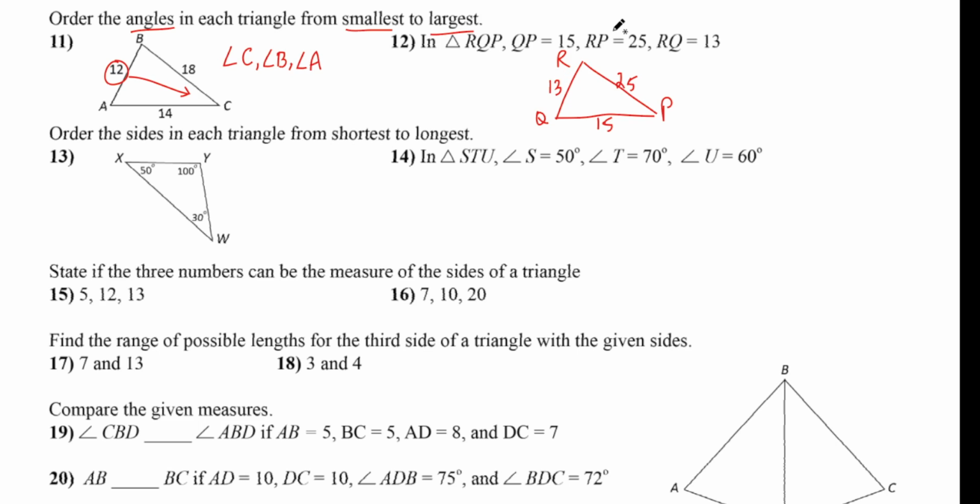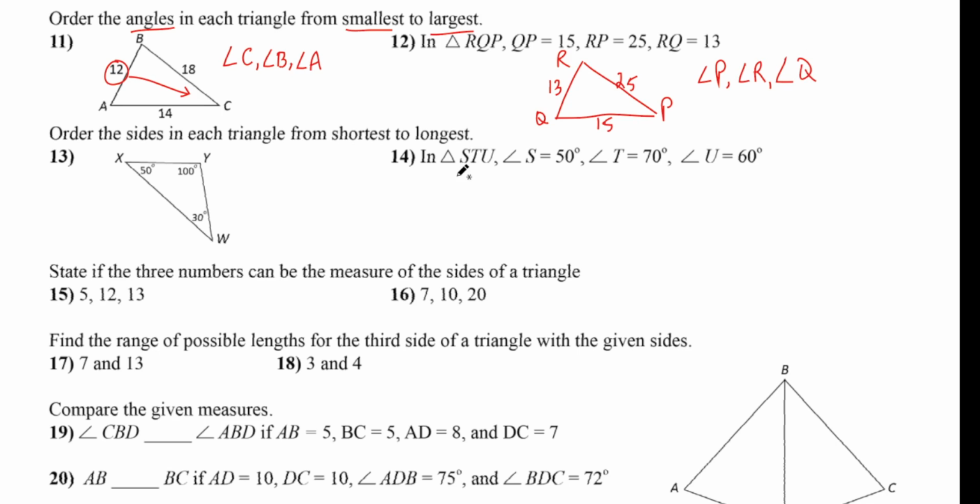Put that right there. Again, it does not have to be to scale. Now, which one's the smallest angle, just by looking at it? P, right, because it's opposite to 13. 13 is the smallest side. Angle P is opposite, so angle P is the smallest. Which one's the middle one? R. And then which one's the biggest one? Q. And that's all there is to that.